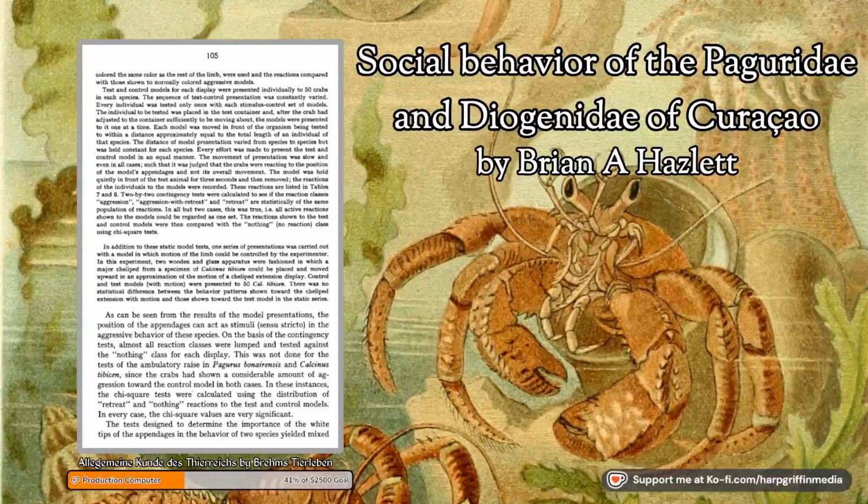The model was held quietly in front of the test animal for 3 seconds and then removed. The reactions of the individuals to the models were recorded. These reactions are listed in tables 7 and 8. 2 by 2 contingency tests were calculated to see if the reaction classes aggression, aggression with retreat, and retreat are statistically of the same population of reactions.